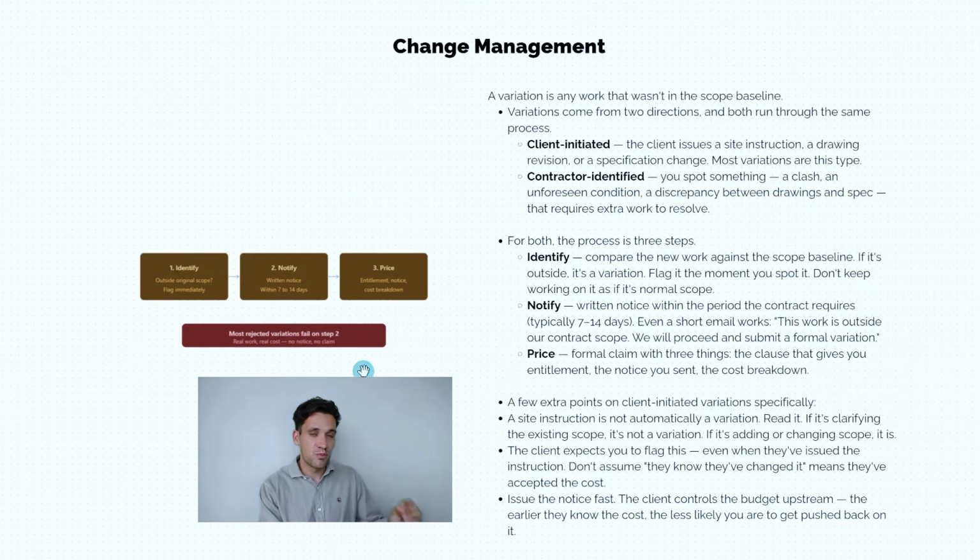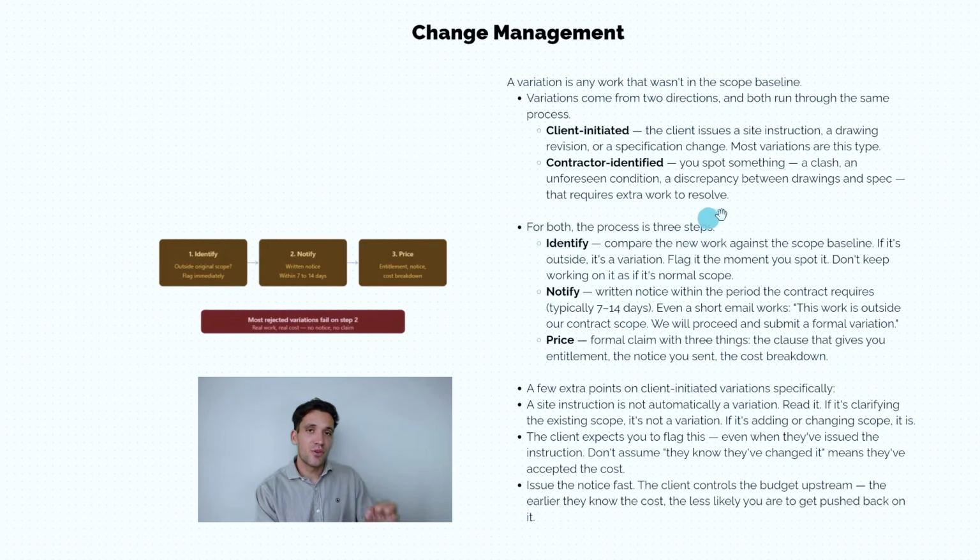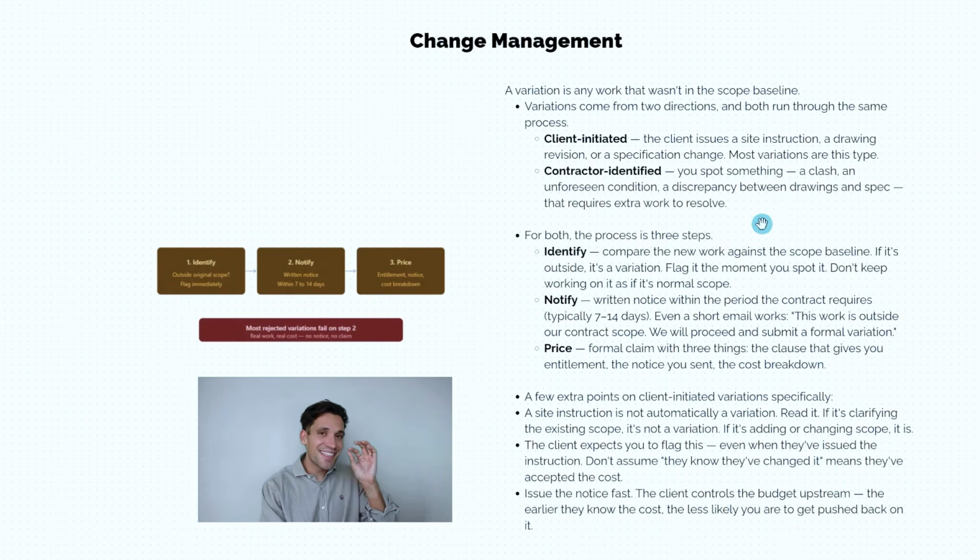These are not in the initial baseline. We need to assess the impact of this change. Now, the important thing to understand about contractor-identified variations is that the existence of the variation isn't automatically agreed to. So there's fundamentally 2 things you can disagree on. The fact that the variation exists, the client might turn around and say, no, you're responsible for underground services. You could have done your own investigations. We don't accept that's a variation.